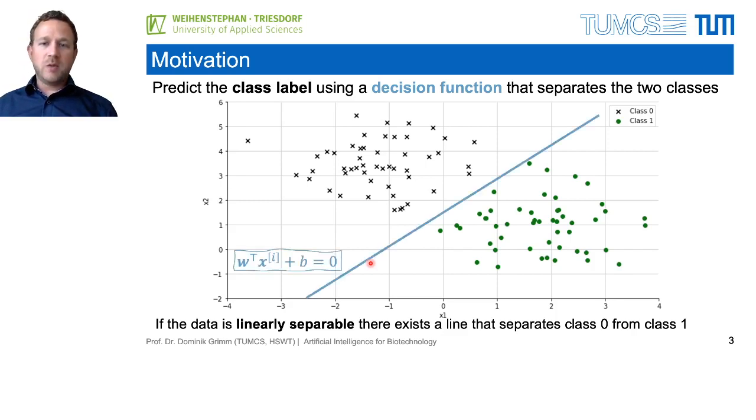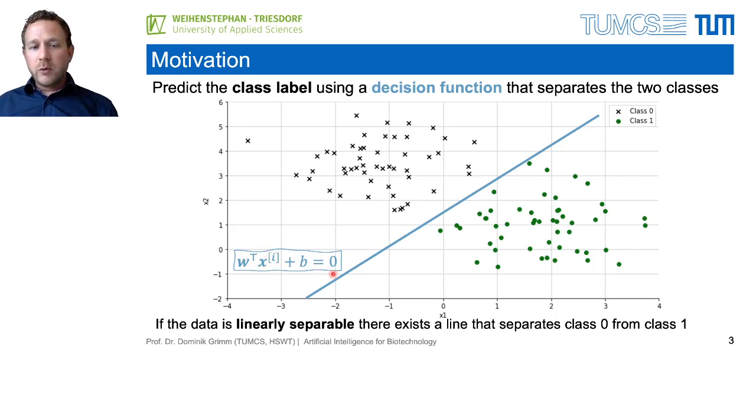So for example, here you can see a linear line, and this, as you might know from the linear regression lecture, has the following form: W transposed times x_i, the features for sample i, plus b, where b is the bias. W transposed is nothing else than beta transposed, and x_i is all the features for sample i.